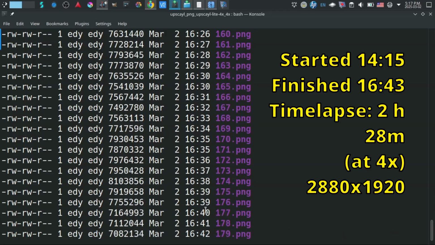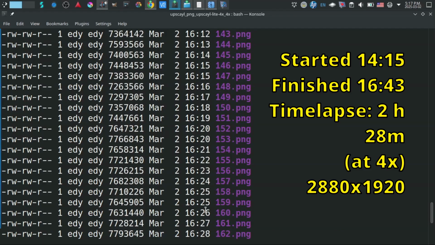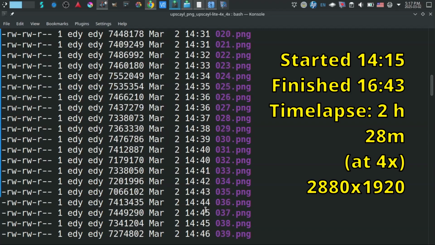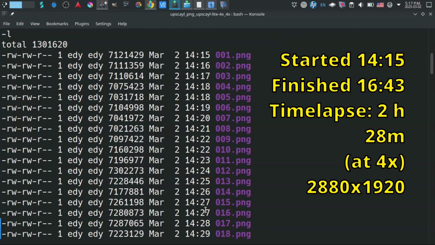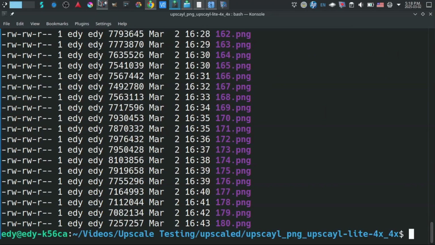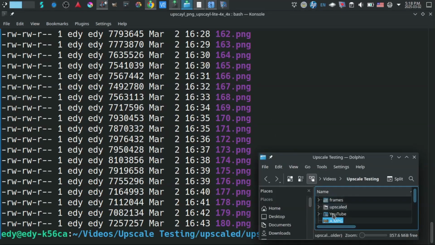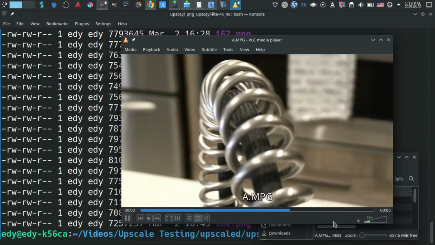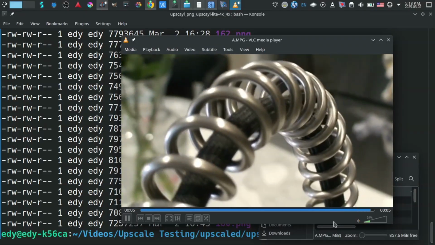It took about 2.5 hours to do 5 seconds of video on my hardware. I have a very, very slow computer, and it's just impractical to do anything right now with upscaling at any normal decent rate. But let's have a look at 5 seconds and what 5 seconds of upscaling has done.